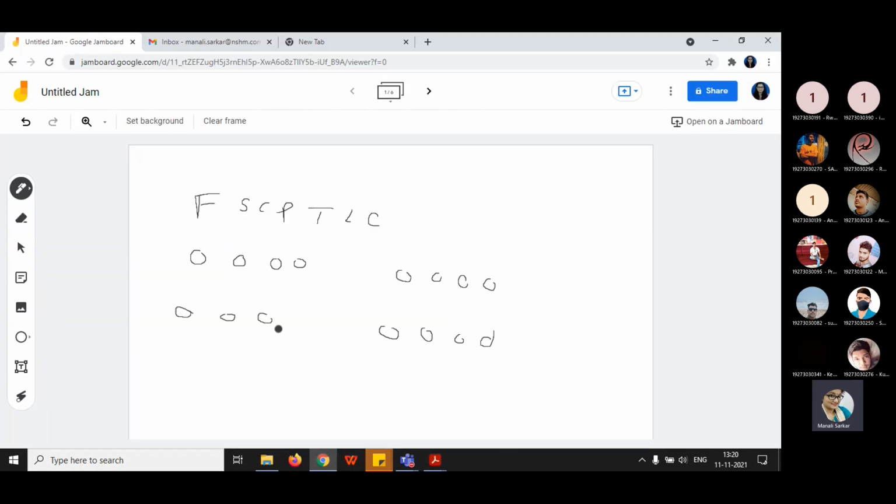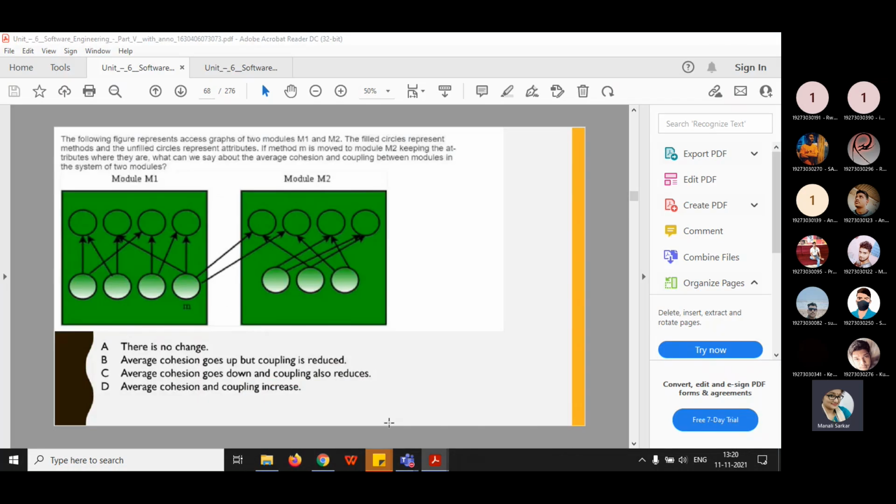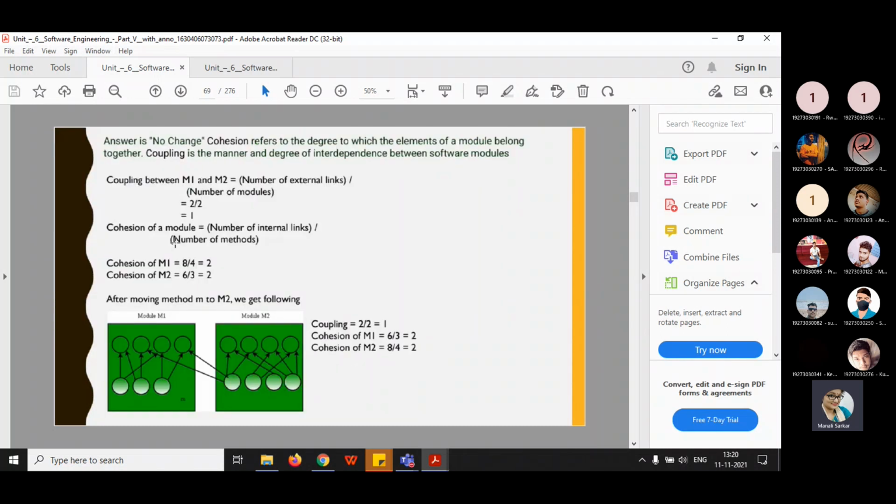This is the method M which was previously in the M1 module. This is the M1 module and this is the M2 module. Now method M is moved here, which means whatever arrows it has move with it.